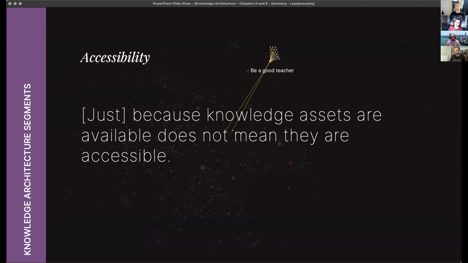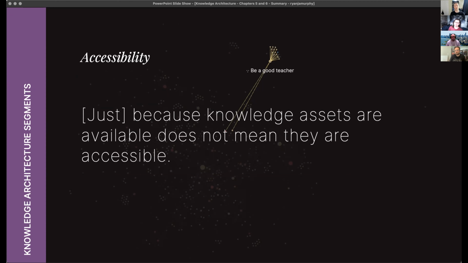But then if I'm working somewhere else in that graph, I'm not necessarily accessing what's there, even though teaching might be an important part. And the most obvious example of that right now is that I've got a project as well for helping run this knowledge architecture reading group, right? But those two pieces aren't connected right now. They're not accessing one another.